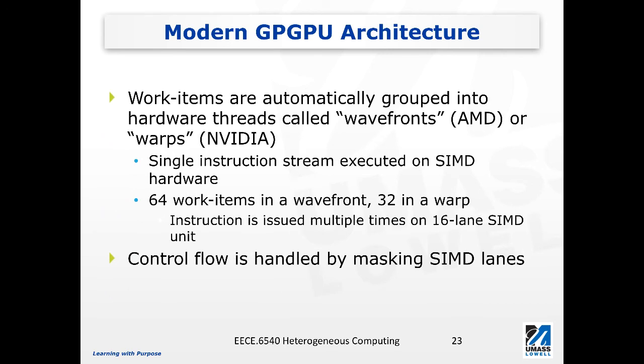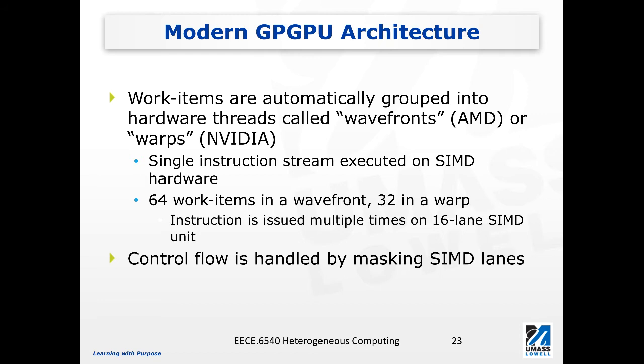In the context of OpenCL, there are work items that are computed by the processing units. Here, work items are automatically grouped into hardware threads called wavefronts or warps on the GPUs. On each of the SIMD cores, there is a single instruction stream being executed.